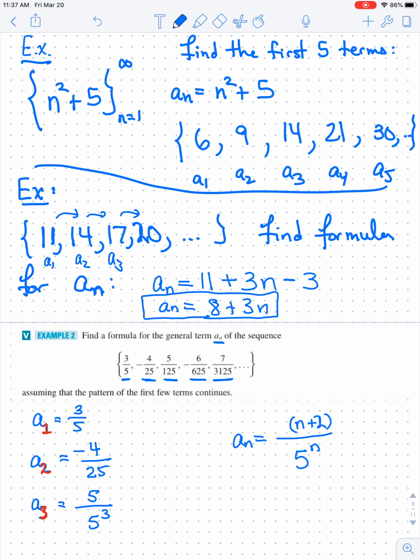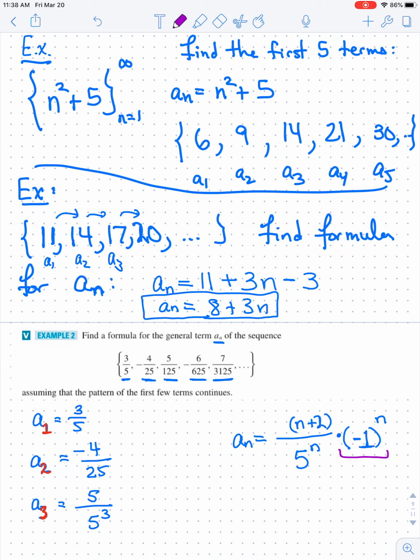And so the way I can get that is I can just multiply the whole thing by negative 1 to some power, right? So let's see how this goes. So if I multiply by negative 1, let's say to the nth power, then what is this factor gonna do? Well, if n is odd, this is going to be a factor of negative 1.